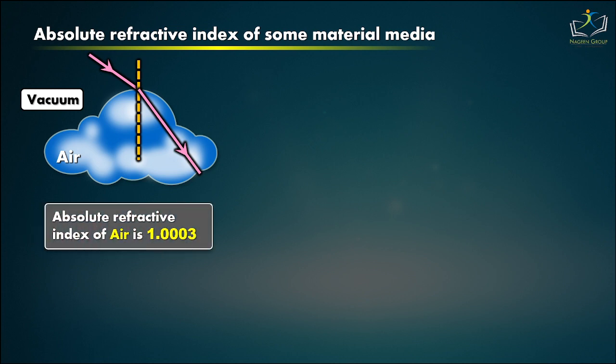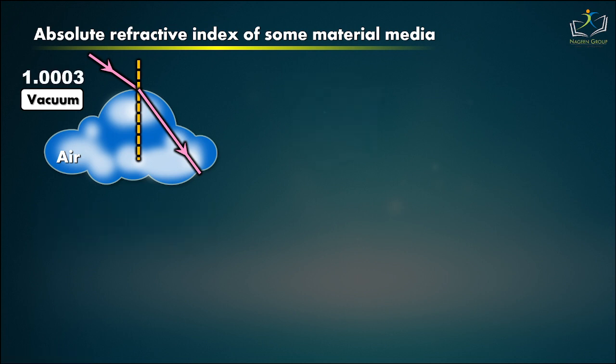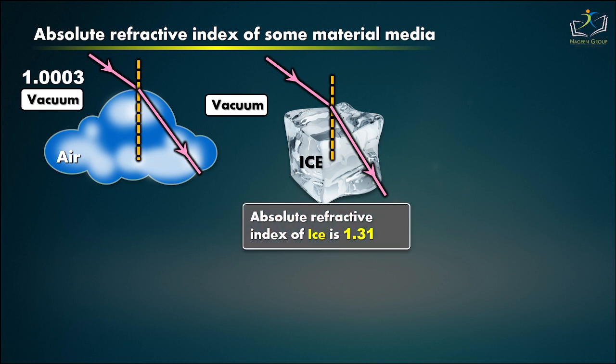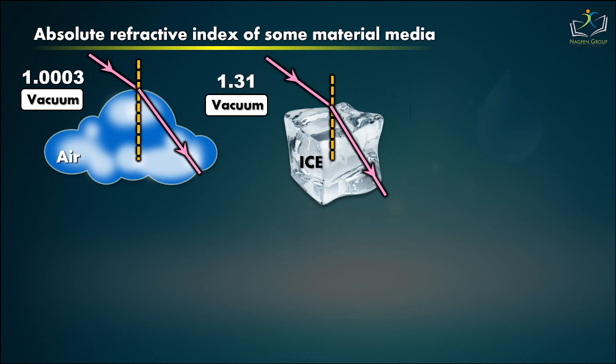The light moves from vacuum to air, and the absolute refractive index of air is 1.0003. Another one, vacuum to ice. Let's take the incident ray and it gets refracted. So what do you observe? The absolute refractive index of ice is 1.31.